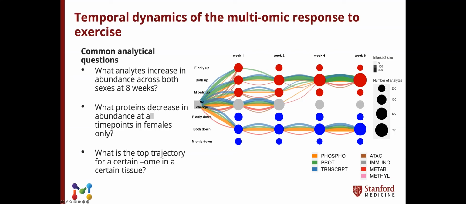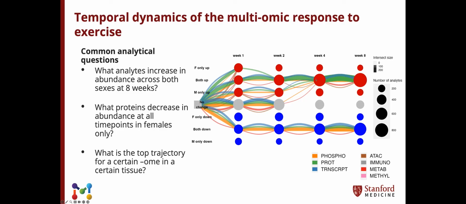We can see that the biggest trajectory in muscle consists of analytes that increase already after 1 week of training, and then they remain upregulated across all time points and in both males and females. So mostly sex-consistent results. And again, the nodes are also size specific, so a bigger node corresponds to more analytes.